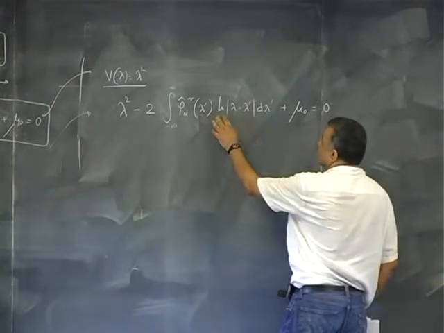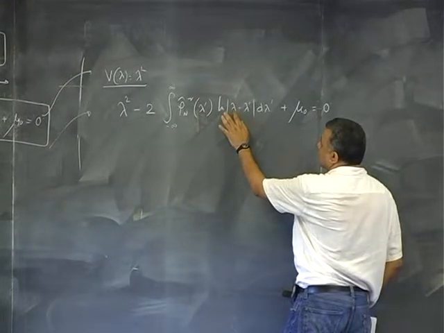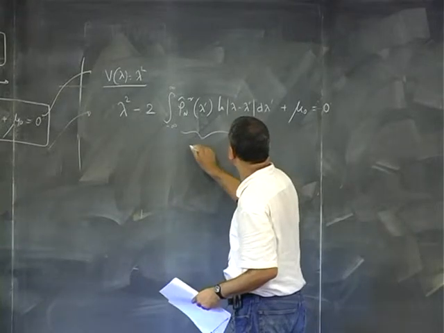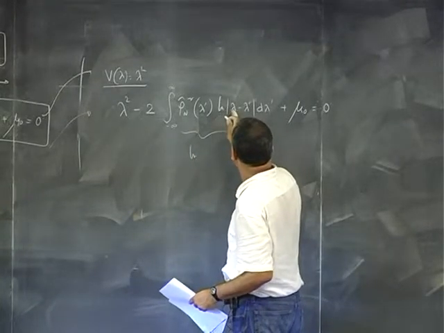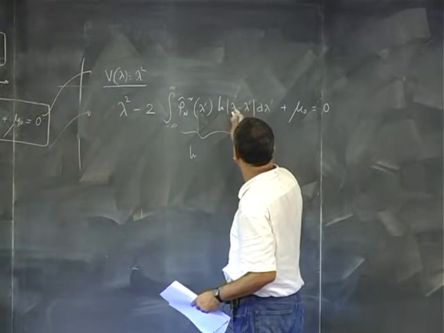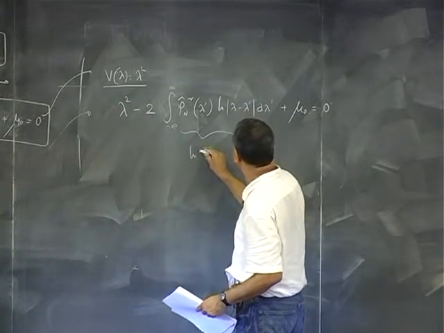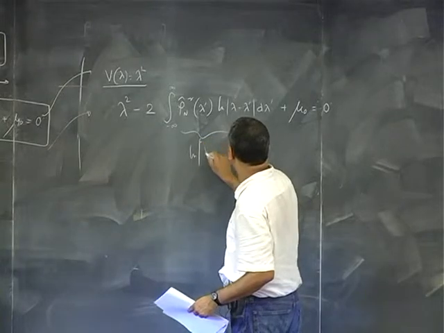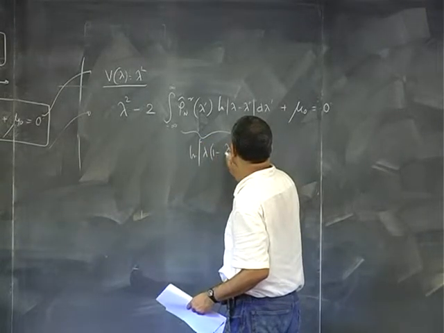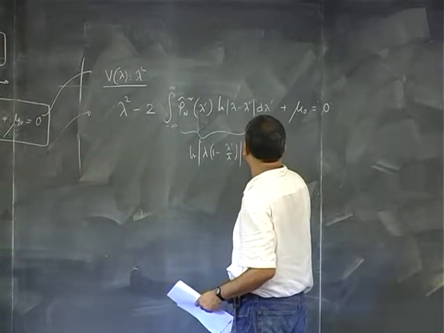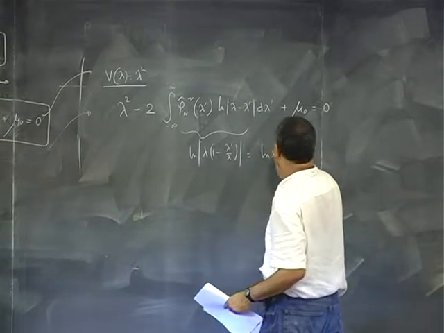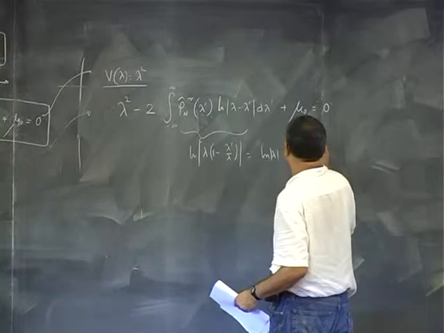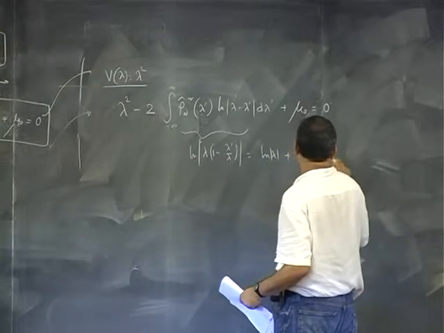For very large lambda, I can throw away the lambda prime and do an expansion: log of lambda times (1 minus lambda prime over lambda), which I write as log of mod lambda plus log of mod (1 minus lambda prime by lambda).